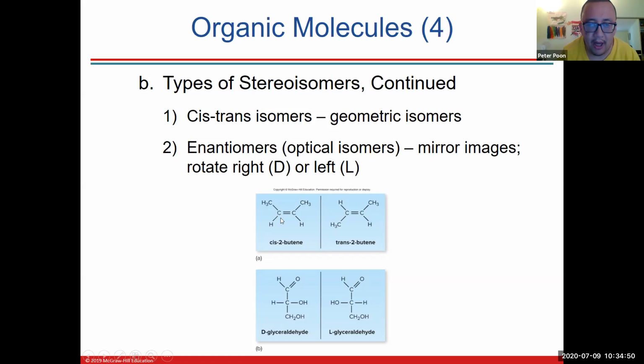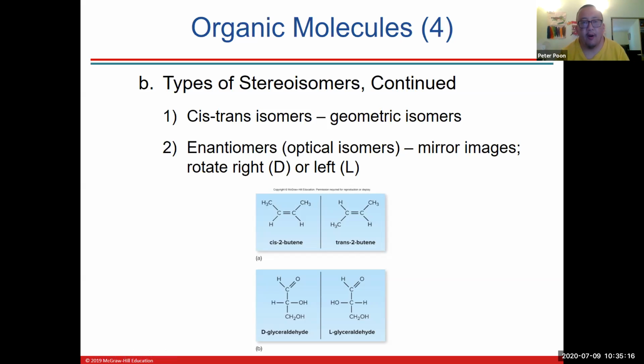I have a double bond right here. Now I have 2 hydrogens and 2 big blobs, right? This thing right here and this thing right here. See how these 2 are on the same side? So cis butene. These 2 are on opposite sides, so trans butene.